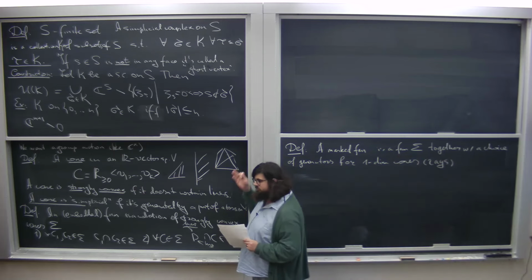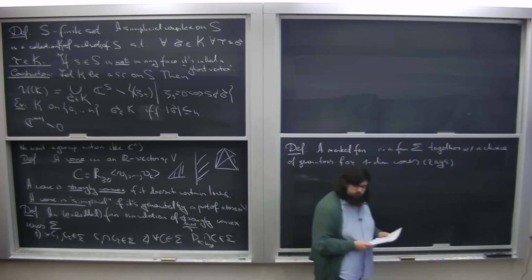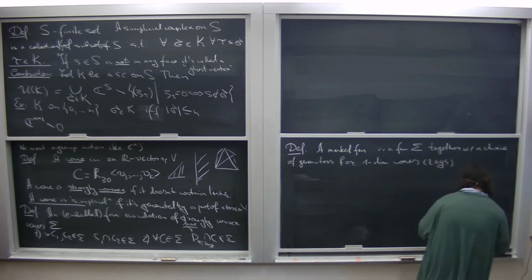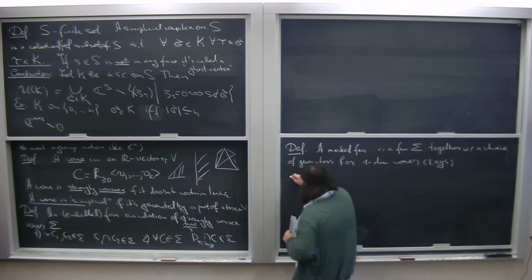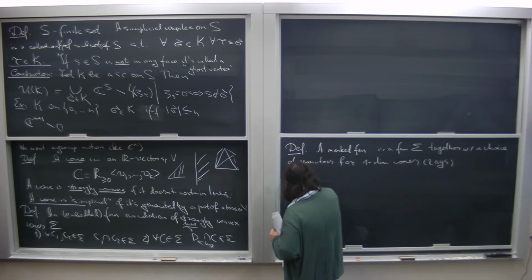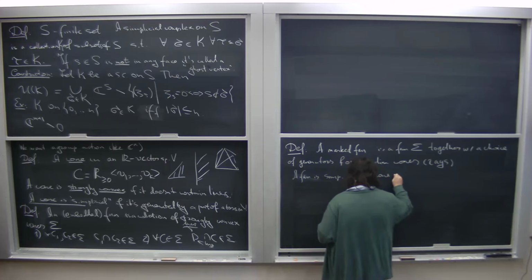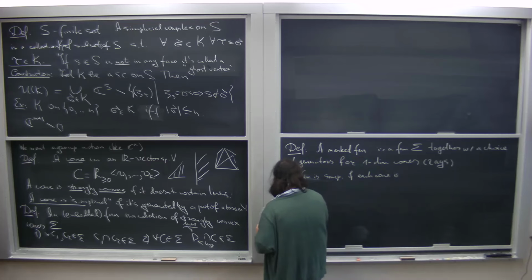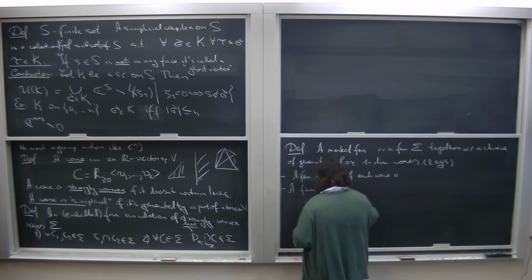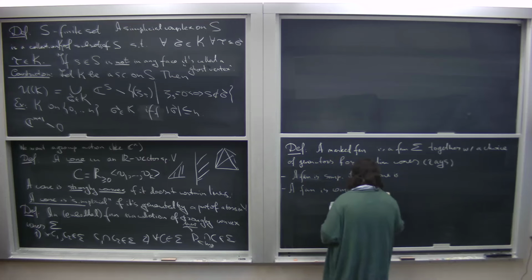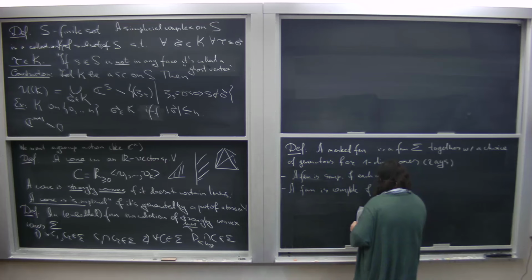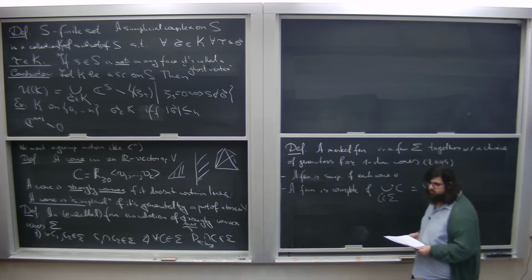So we choose a vector on each ray of our fan. And then we also say that the fan is simplicial if each cone is simplicial. And a fan is complete if the union of cones in sigma covers the entire vector space.